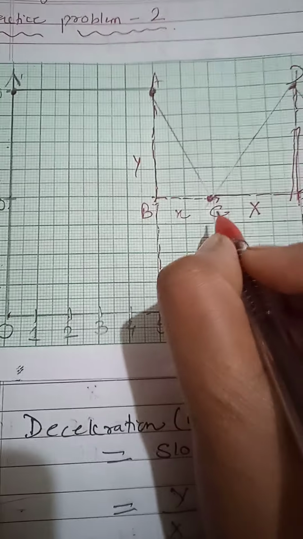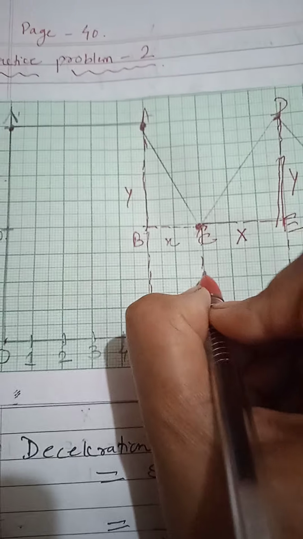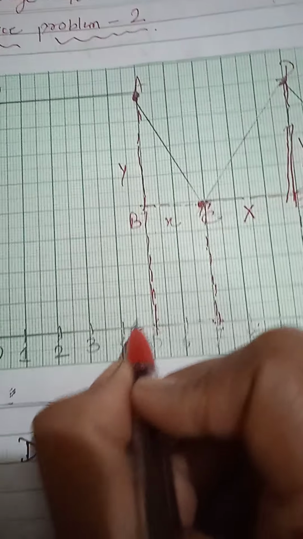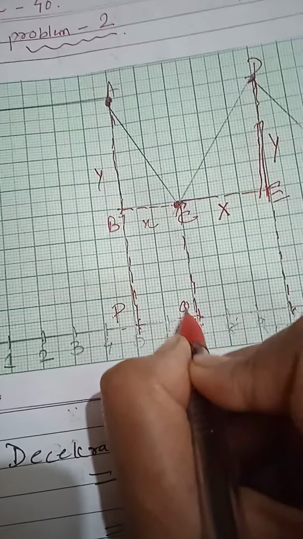Then next will be the area of a trapezium. Two trapeziums are here. You can construct two trapeziums. This is the other trapezium. You can write the names here, P, Q, R, and here S.